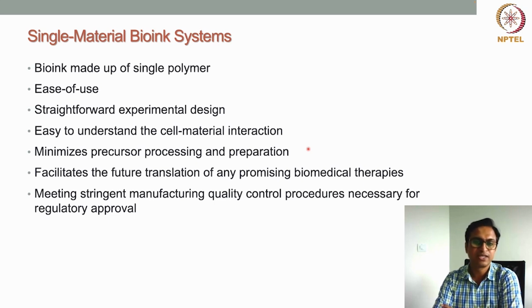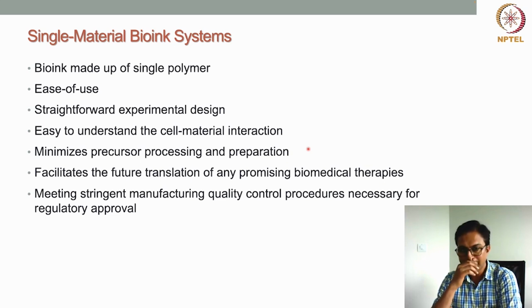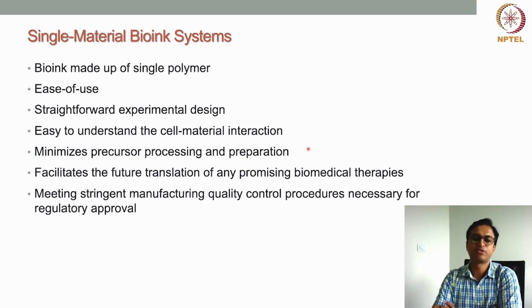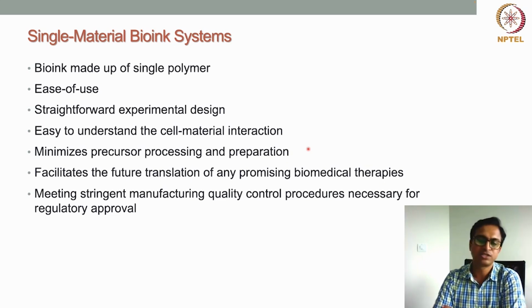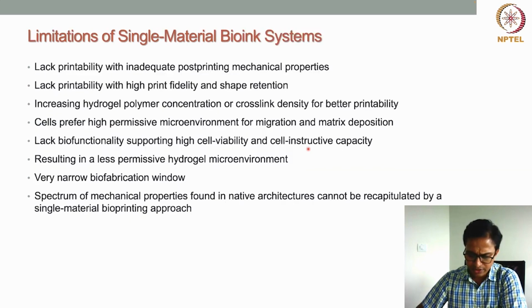But with a single material, that is not there, and that's why a single material bioink system is very easy to use, straightforward, easy for studying cell material interaction, and it also facilitates future translation easily. For regulatory approval, meeting stringent manufacturing quality control procedures is easier. But with a single material bioink system, there are some limitations.